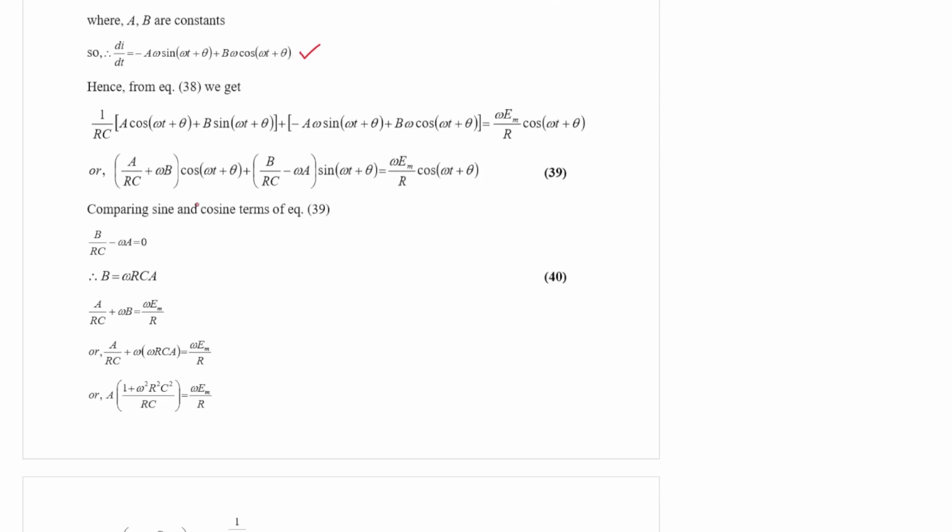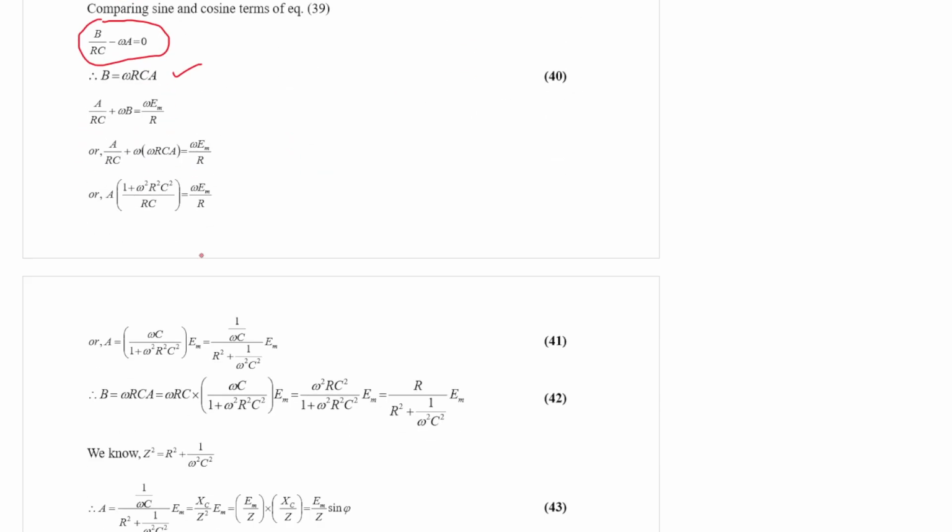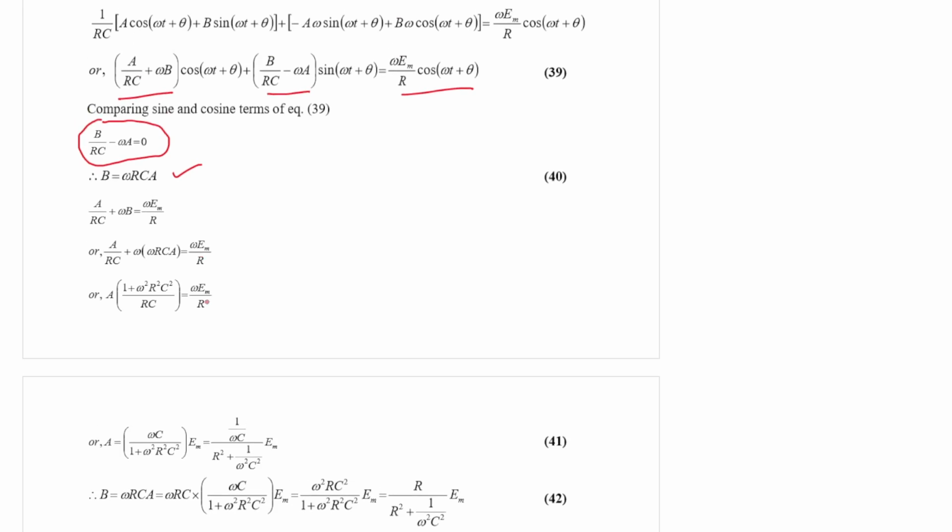When we collect cosine terms together and sine terms together, we can compare with the right hand side. The right hand side, in this case, has a cosine. So for the series RC circuit, B/RC minus omega A must be 0. From there you get B equal to omega RC A, and with the sine terms together you get A/RC plus omega B equal to omega Em/R.